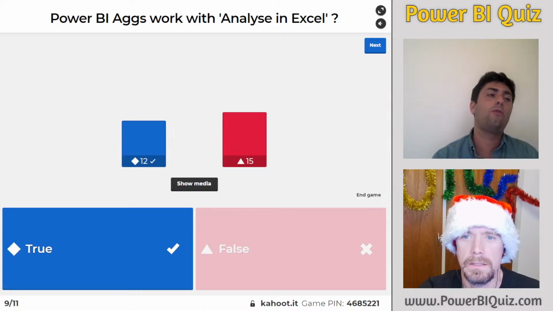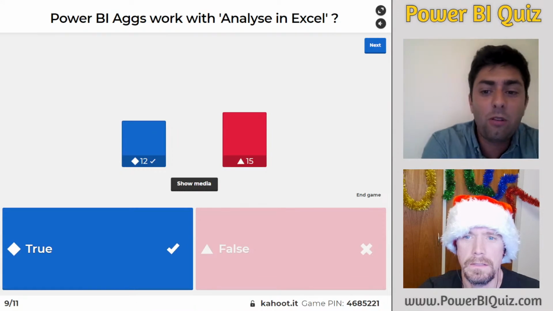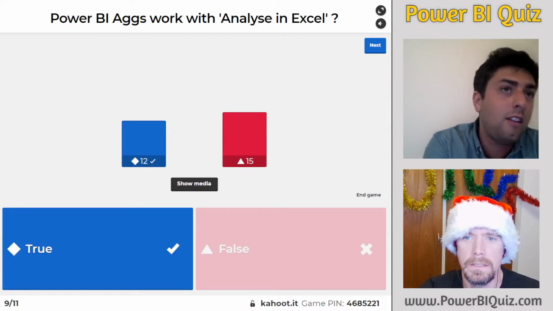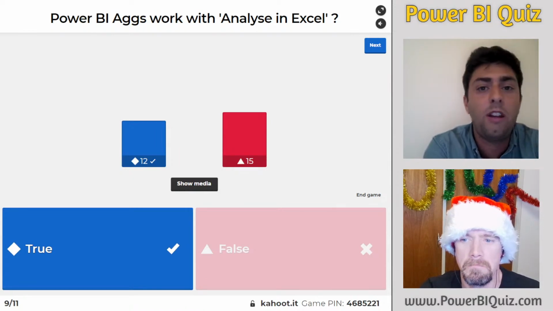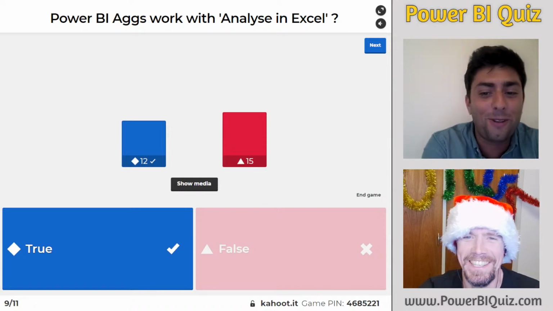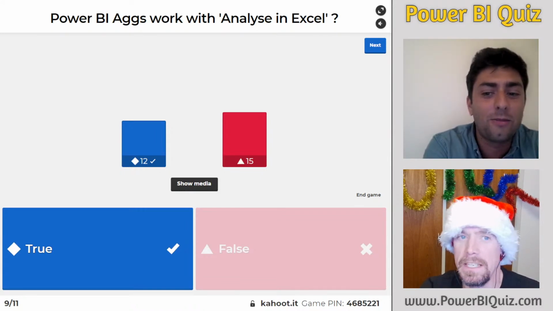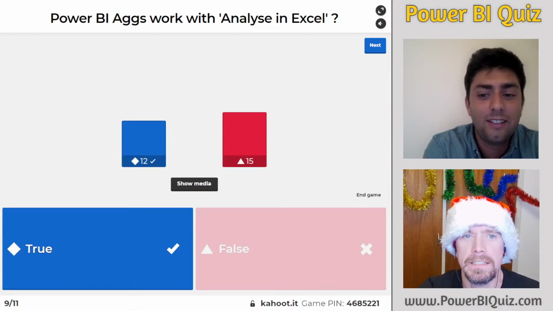If you have an Excel pivot table connected to a Power BI semantic layer, it actually works. The aggregations get hit exactly in the same way as in Power BI Desktop, for example. So yeah, you had to do this right, Mark. Yeah. I'm surprised. I would expect that more people would get the correct answer. But it's nice to know that it's working in Analyze in Excel.